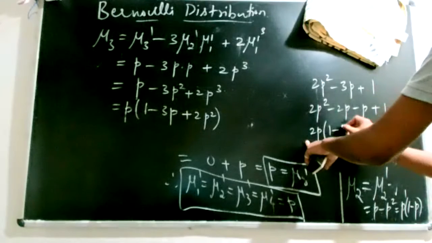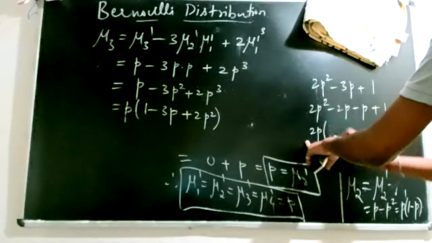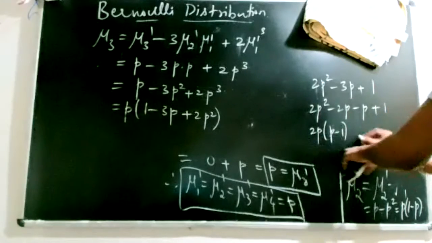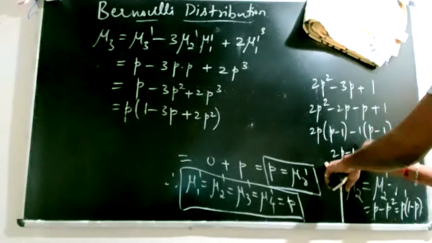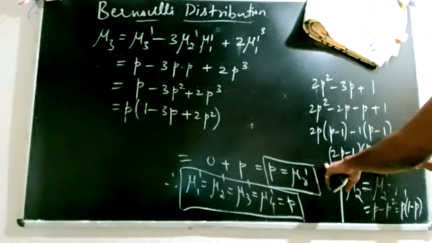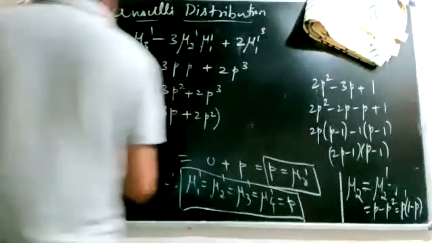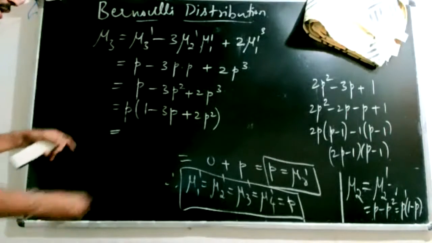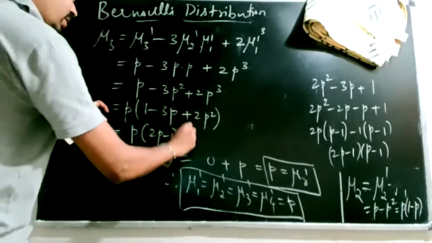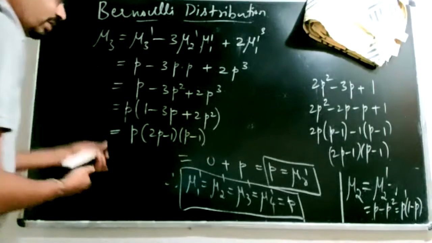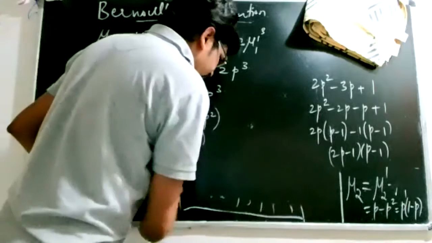And this becomes 2p into p minus 1, and if you take minus 1 outside, you get minus into p minus 1. So this is 2p minus 1 into p minus 1. So you have p into 2p minus 1 into p minus 1. That is your mu3.